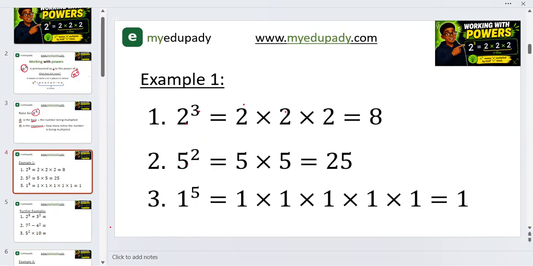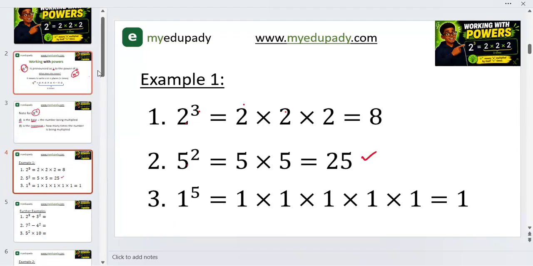And that means you have 5 times 5, and that gives us 25. So if we say 1 exponent 5, that means I'm multiplying 1 in 5 places. And that gives us 1 times 1 times 1 times 1 times 1. And 1 in 5 places being multiplied gives us 1.